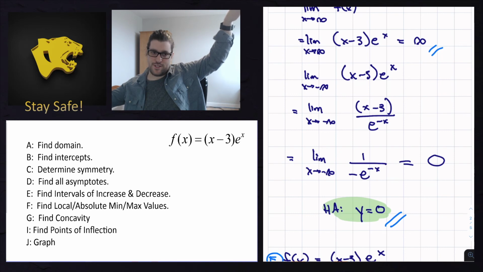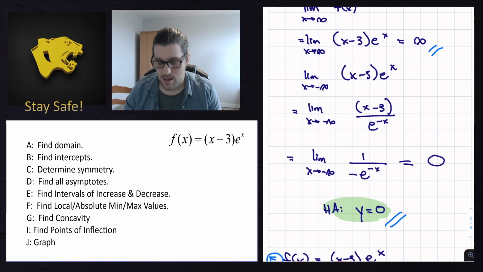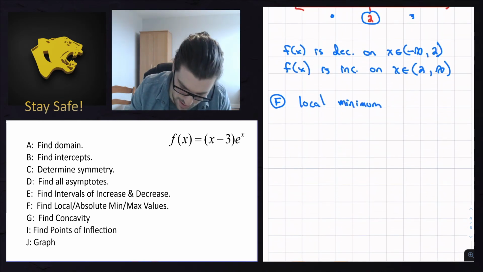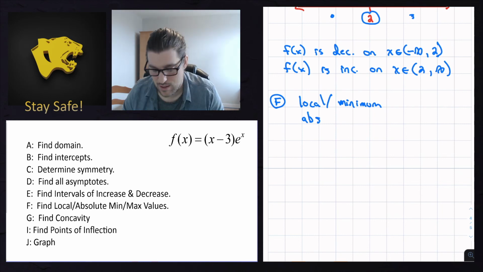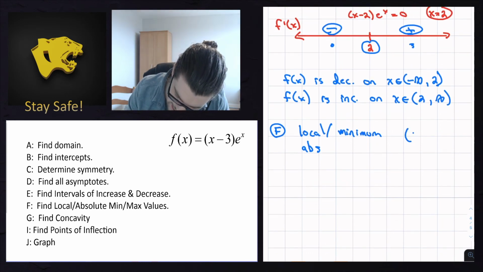So if this is the lowest possible value, and you don't go infinitely downward at any point, then it's true that this is not just a local minimum, it's the absolute minimum. So it's going to be the lowest possible point on our entire function, and it's going to occur at 2 comma.